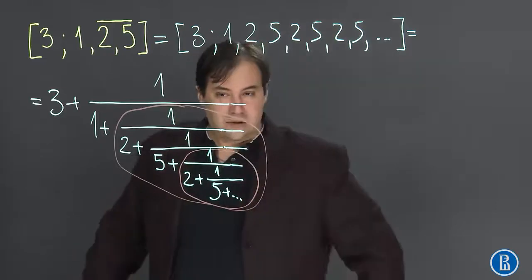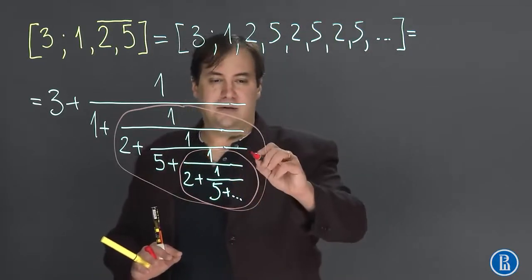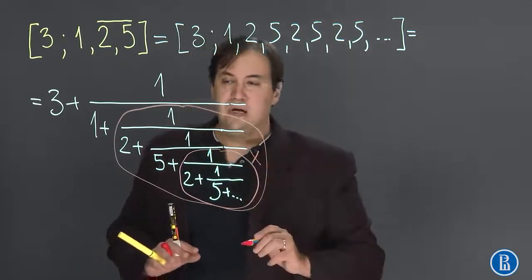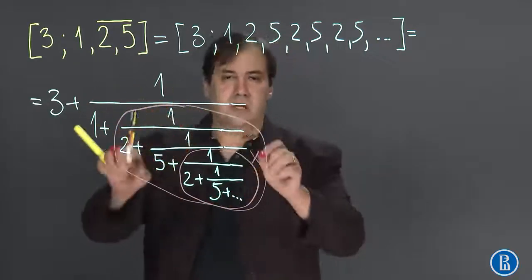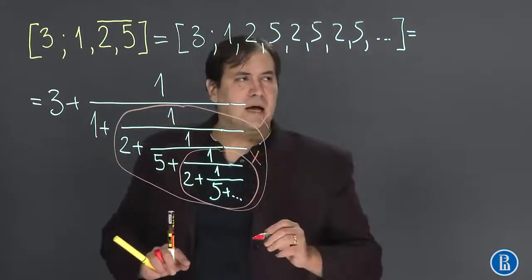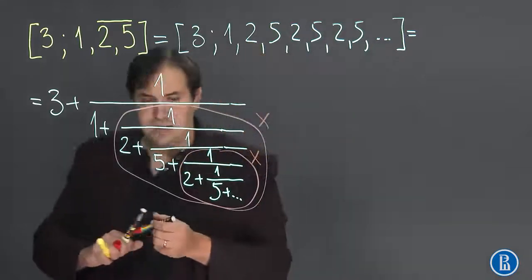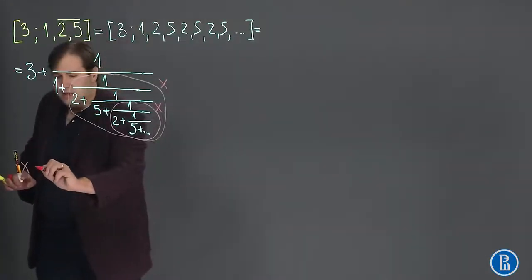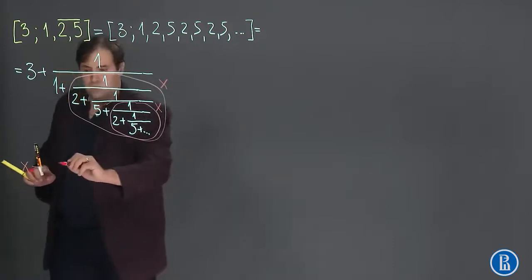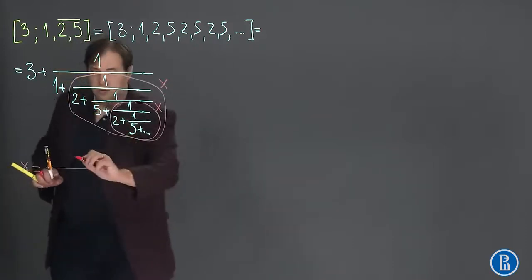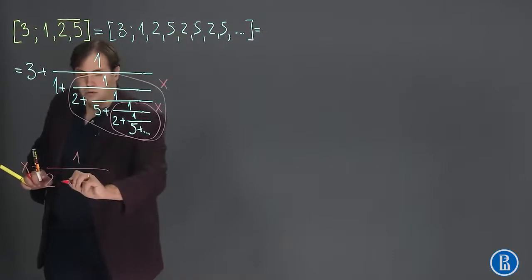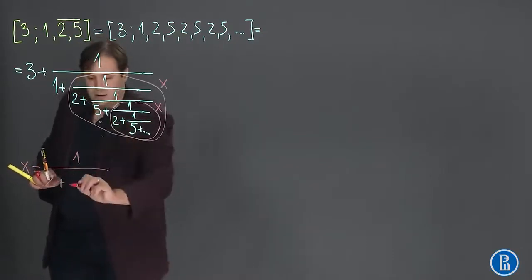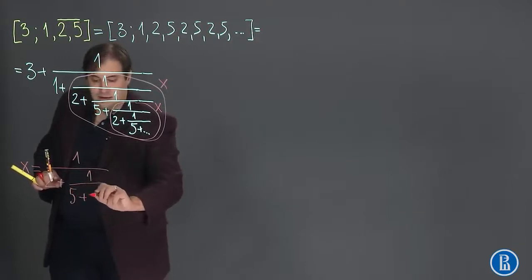If we denote this part as an x, so this will also be equal to x. And we can simply write that x is equal to 1 over 2 plus 1 over 5 plus x.